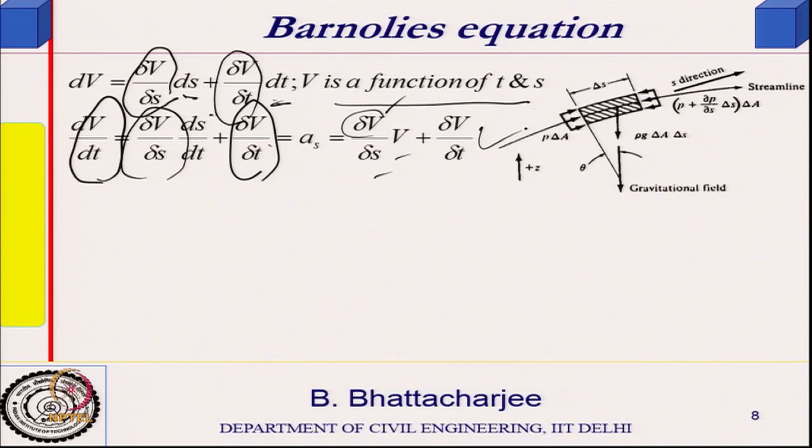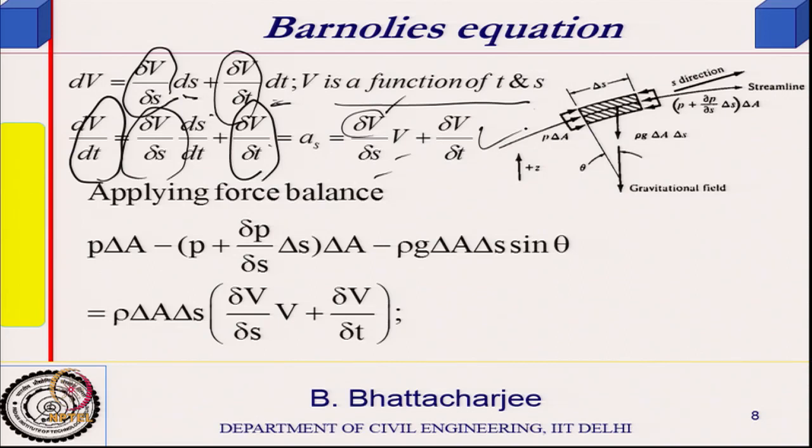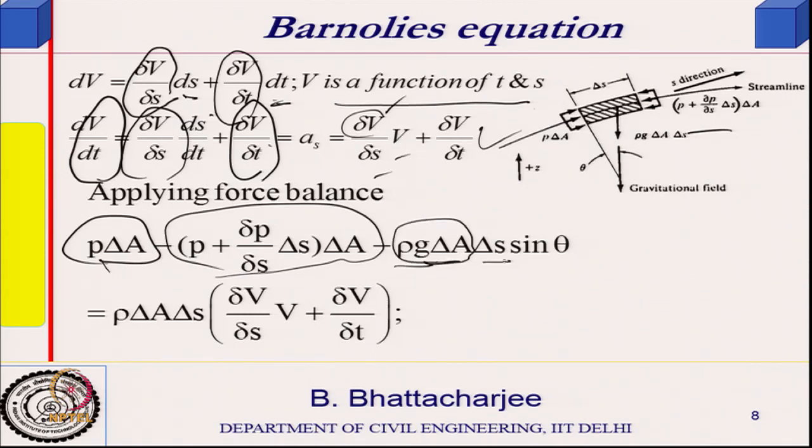So, that is the same one I am writing again. Applying force balance, P delta A minus the other pressure part, minus rho g delta A, that is the mass, into ds sin theta. Now, this force along this direction I am interested in, so this is the component of this one along this direction.